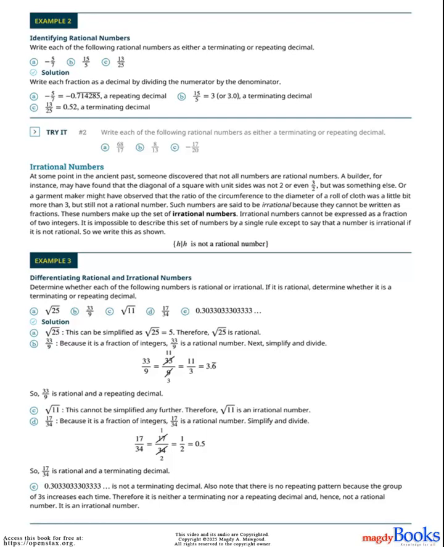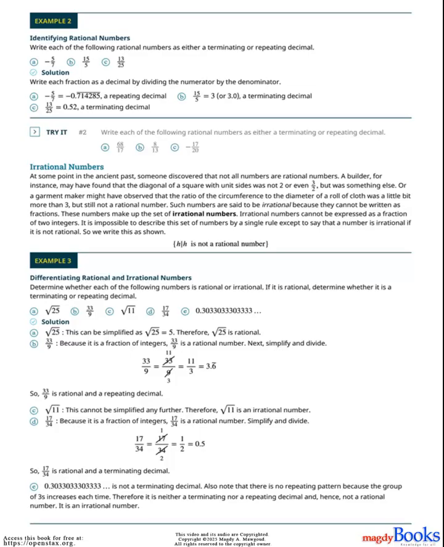D. 17 over 34. Because it is a fraction of integers, 17 over 34 is a rational number. Simplify and divide. 17 over 34 equals 1 over 2 equals 0.5. So, 17 over 34 is rational and a terminating decimal.